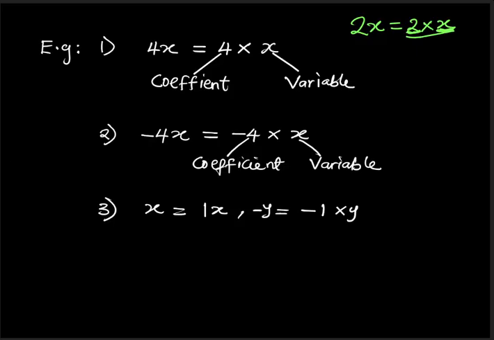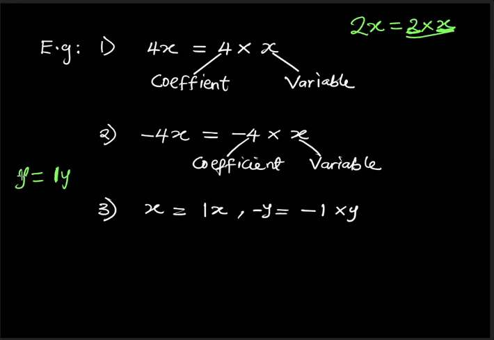Now we have some special cases here. If what you have is x, x is the same thing as saying 1x. So if you have just y, y is also the same thing as saying 1y.